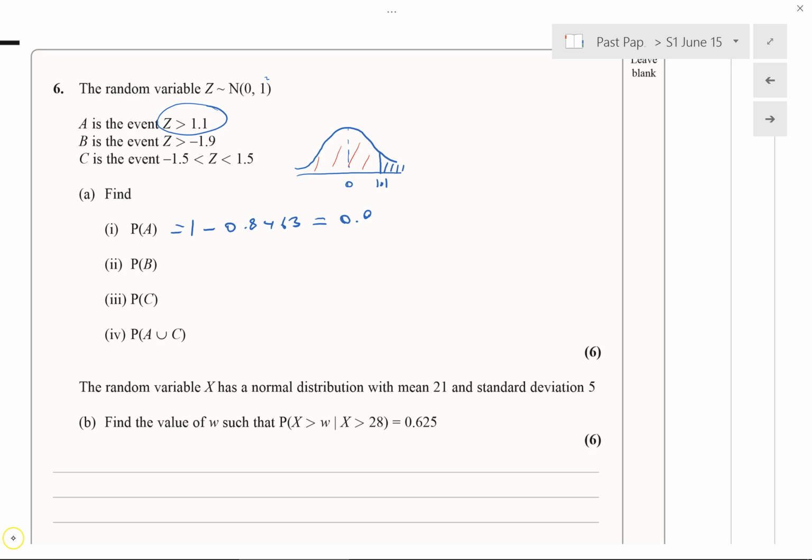Sorry about the barking dog. Now, the event B is Z is less than minus 1.9. So that's this area here. Which is, no, sorry, Z is greater than minus 1.9.